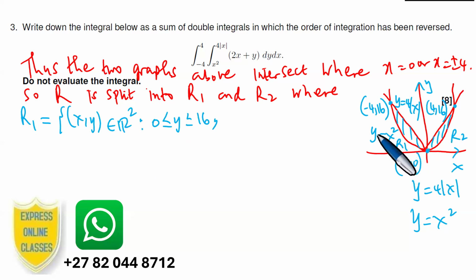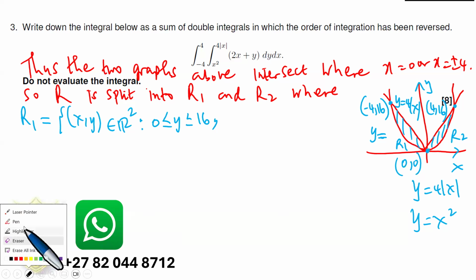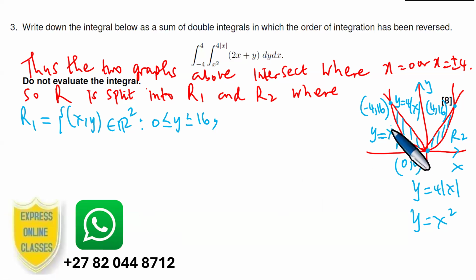What about our x? Because there are 2 regions, for this first region, region 1, what will our x be?